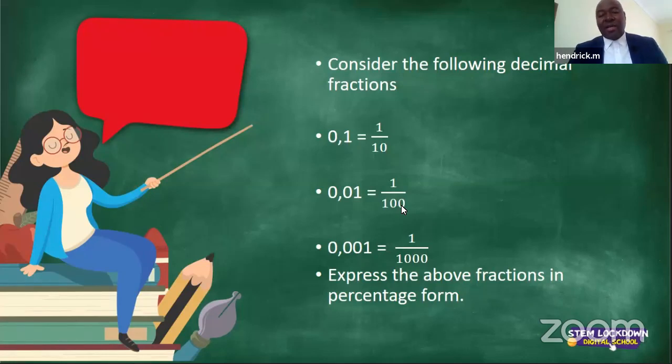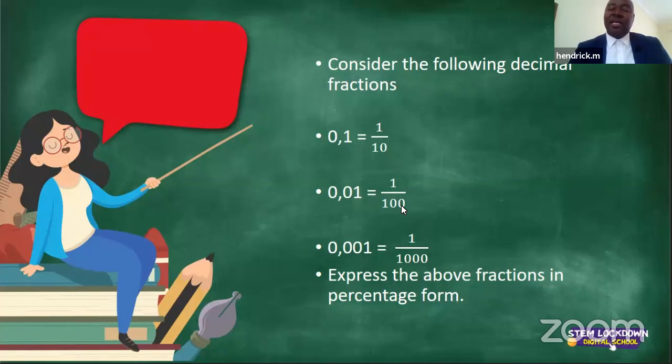So in this case, 0,01 becomes 100th, which is 1 over 100, as some may call it. And of course, the last one will be 0,001, meaning that there are 3 digits now after a comma. And again, when you move your comma, you'll have to move it 3 times in order to obtain 1 in the numerator.